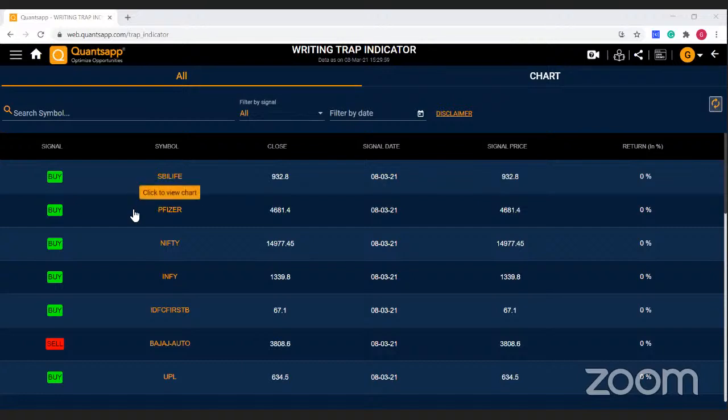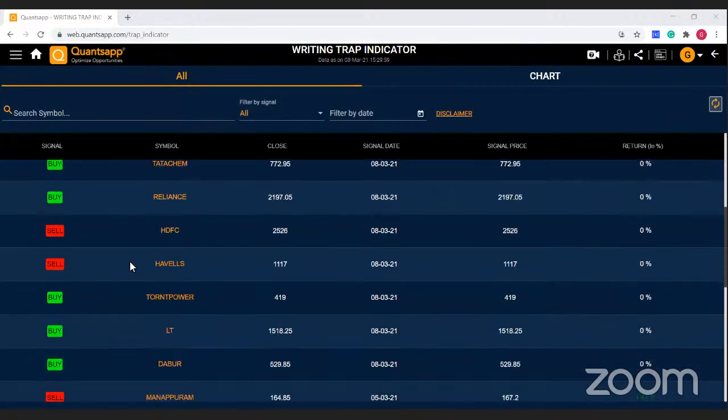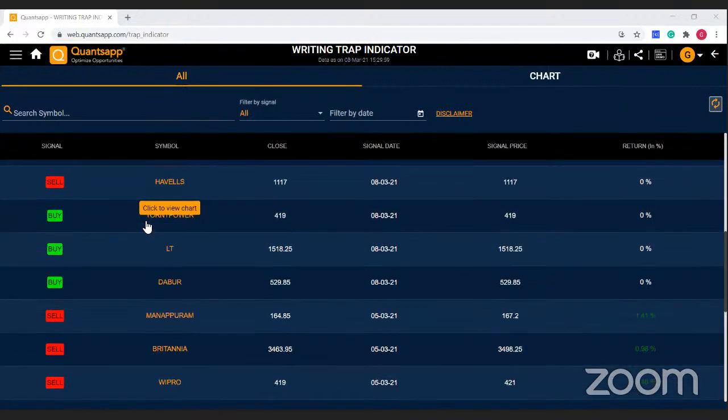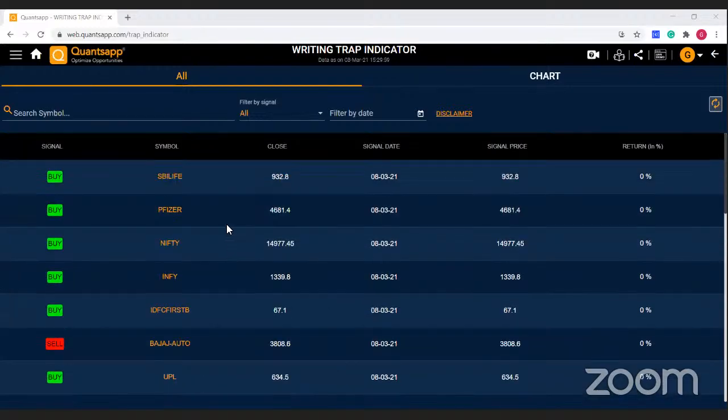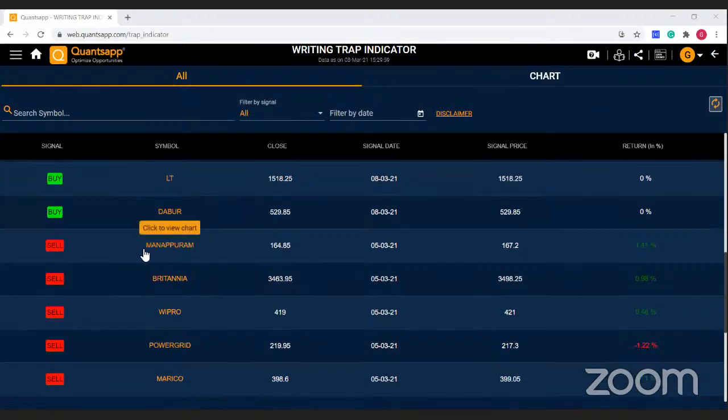So these are all the stocks. If I say SBI Life, Pfizer, Nifty, Infy, IDFC, there are a lot of stocks, Dabur, LT, Torrent Power. These are the stocks where the option writers are stuck. It might be in terms of call writers or put writers. Now, based on this algorithm, it provides signals to buy or sell a particular scrip.